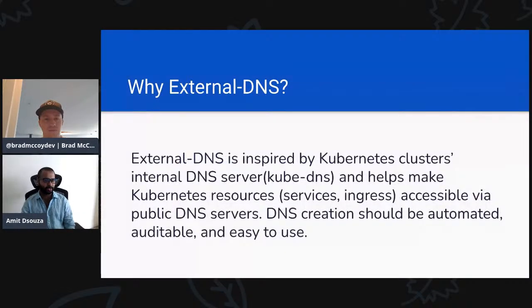So why external DNS and from where is it inspired? External DNS is basically inspired from kubedns, which manages the internal DNS of Kubernetes. And a lot of people realized that we do not have anything to go into different public DNS providers and create all these DNS records.